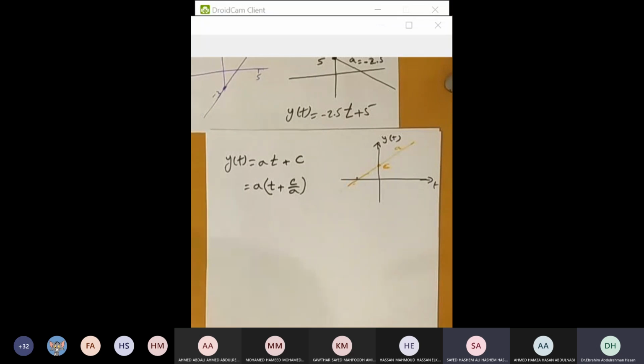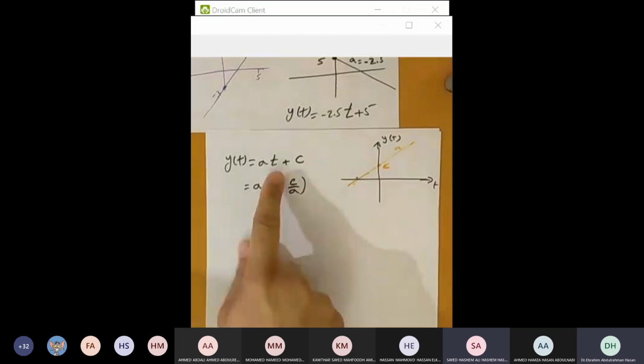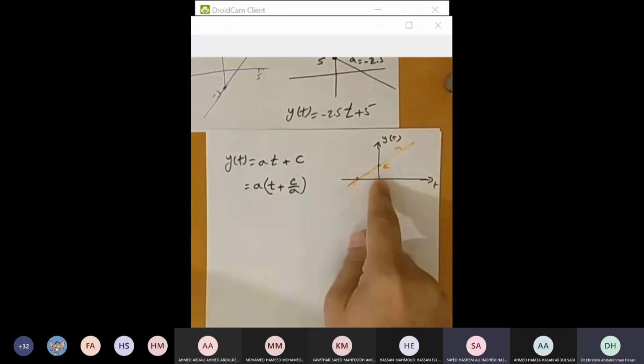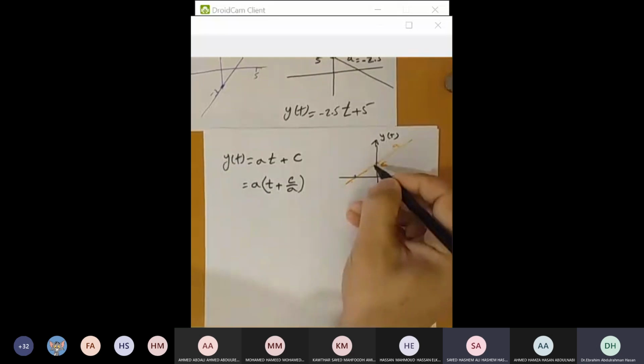Okay, note here, at t equal to 0, then we have A multiplied by 0, so we have C. So then I have this point.